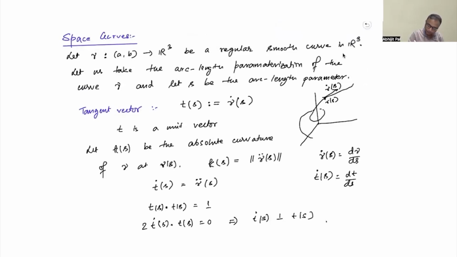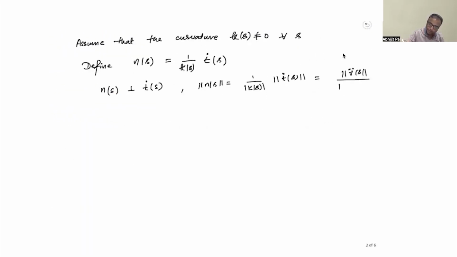So let ks be the signed curvature of gamma at gamma s. Then by taking the norm of Ns, we get 1 by mod of ks.